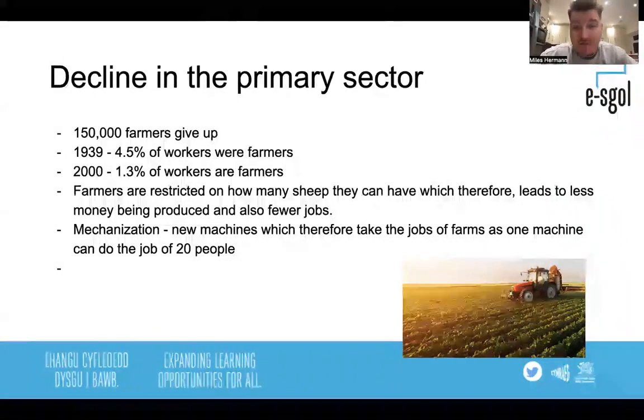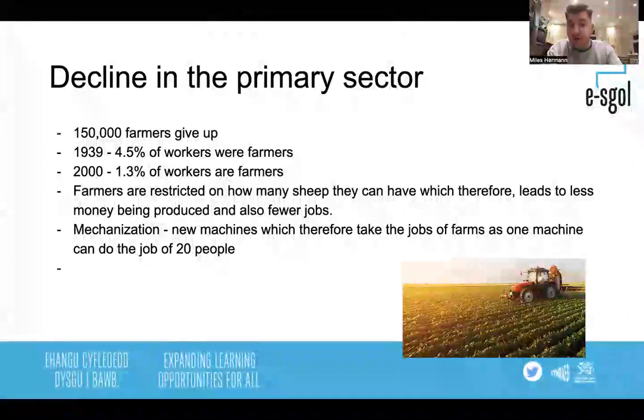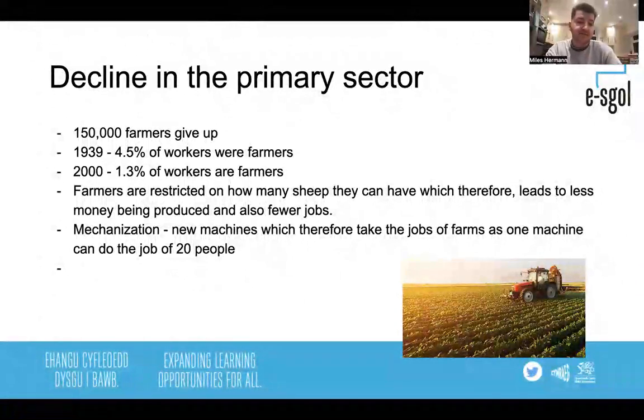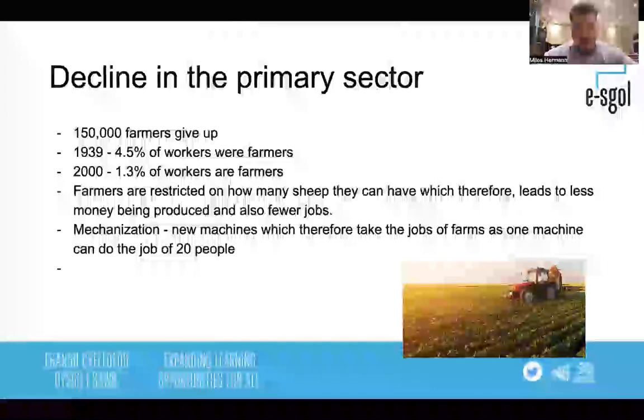Now, why has there been a decline in the primary sector? Well, 150,000 farmers have left the industry. From 1939, 4.5% of workers were farmers, and in 2000, 1.3% of workers were farmers. Farmers are restricted on how many sheep they can have, which then led to less money being produced and subsequently fewer jobs.